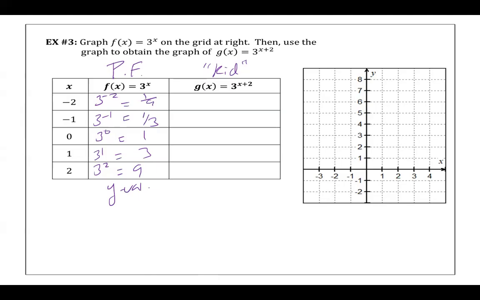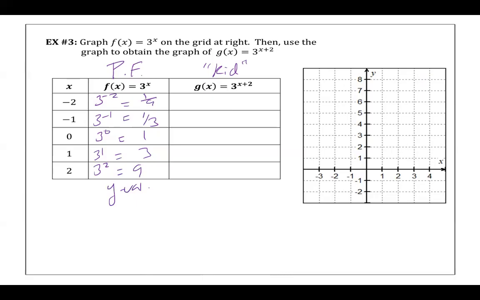Okay, on the other one here. What's happening here? We now have x plus 2. We're shifting to the left. So if I'm shifting to the left, which values are changing?